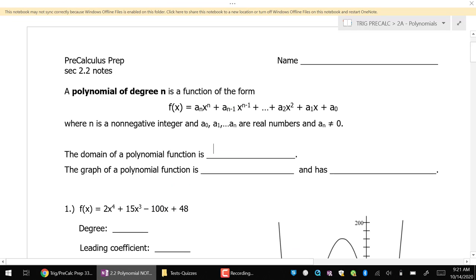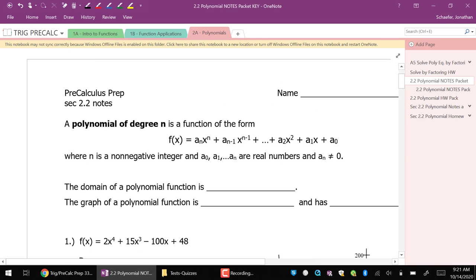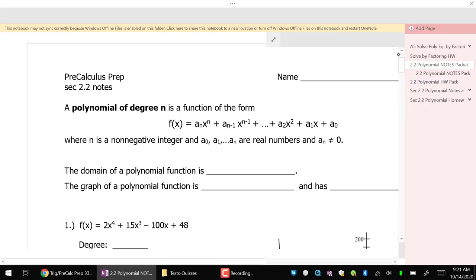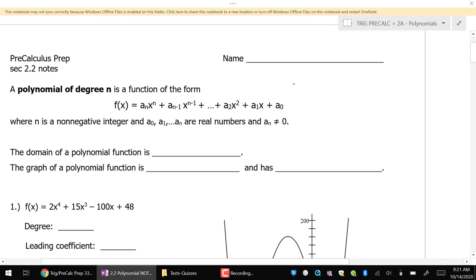Let's dive in. We're going to study polynomials in this unit, and to start off with, a couple of definitions or characteristics of polynomials. We know them as functions that consist of a collection of terms, and the terms are powers strung together.